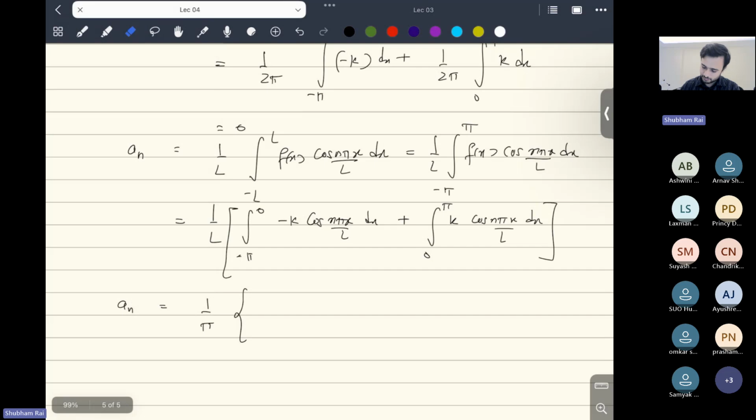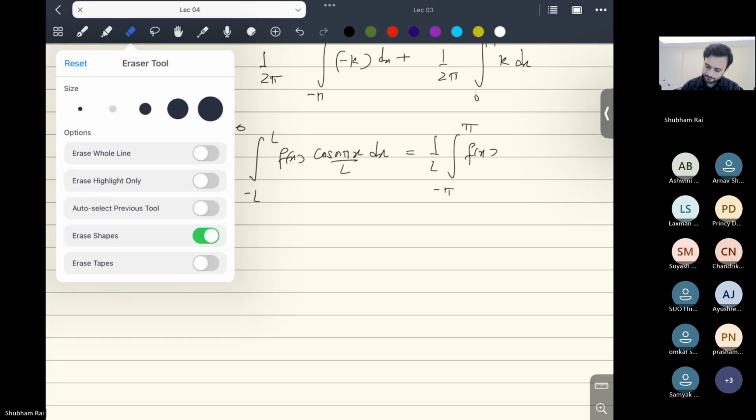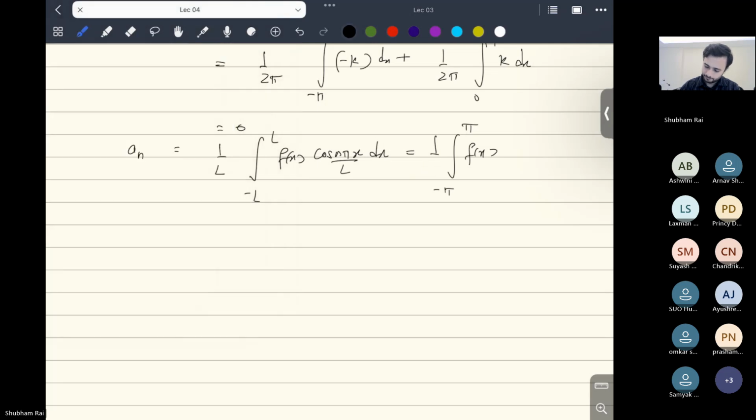Let me not drag all this. So the picture will be clear if we substitute here itself. If you substitute L is equal to pi, what you will get? Cos of nx, right? Then it becomes very simple. Now you can easily integrate.